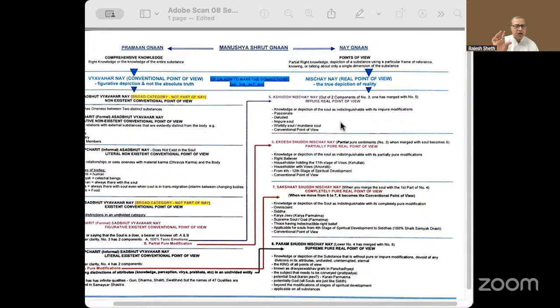Now this particular number 6 is only considering the partial purity of the soul. It says that worldly happiness and miseries are the work of karma, attachments and aversions are due to karma, and the soul is completely pure. So number 6 puts all responsibility on the head of karma, and considers the soul as completely pure.